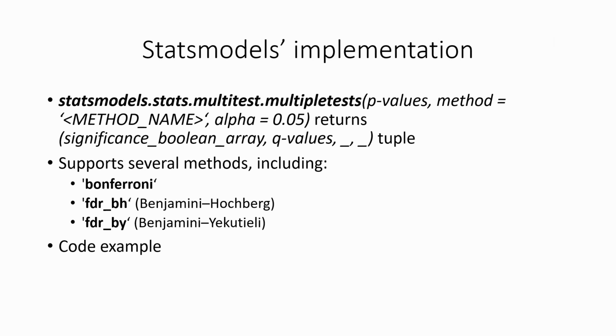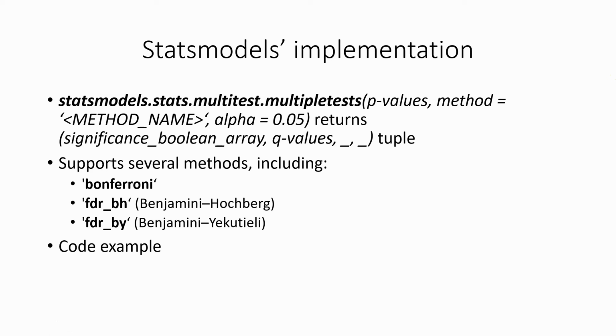So within Python, we can use the statsmodels package, and you see here the entire signature of the multiple tests method that we can use within the package. So the way this works, we simply give a list of p-values, and we specify the method that we want to use, and we can also give it a threshold, which is by default 0.05.